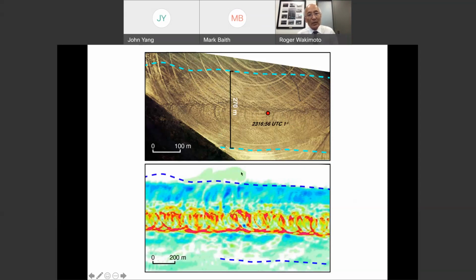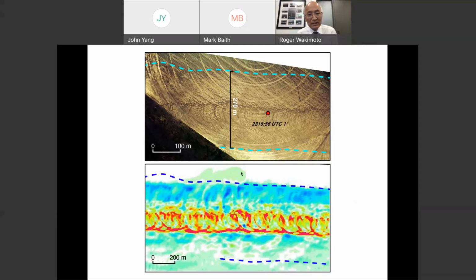On the bottom is Dave Lewellen's simulation, and I've transposed those blue dashed lines onto his simulations. The green and the blue represent, in his simulations, dirt that's being scoured away, and the red represents where the dirt is being deposited. The simulation is pretty close to the actual events of the Dodge City case, and I was pretty amazed how similar they looked.